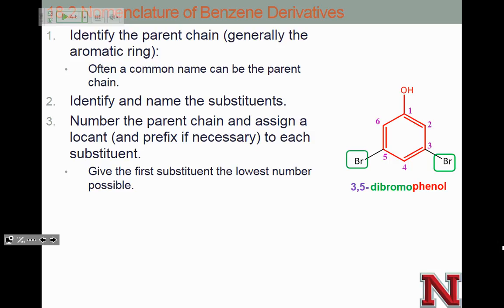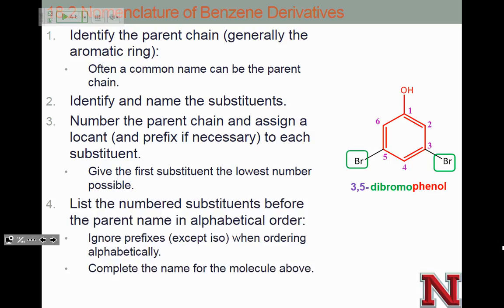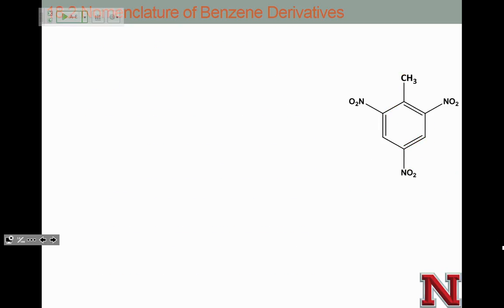Notice, of course, we don't have any stereocenters because these are all sp2 carbons, so we don't have 4 things attached to those carbons. You could also name this one meta-dibromophenol. That's also acceptable.